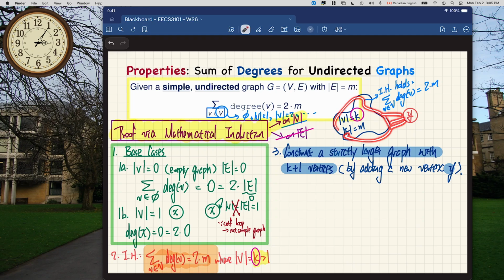All right? But how do we actually formulate it? That's a tricky bit. So one way to say it is like this. Let's say we somehow choose vertices, and then we try to connect them to y.